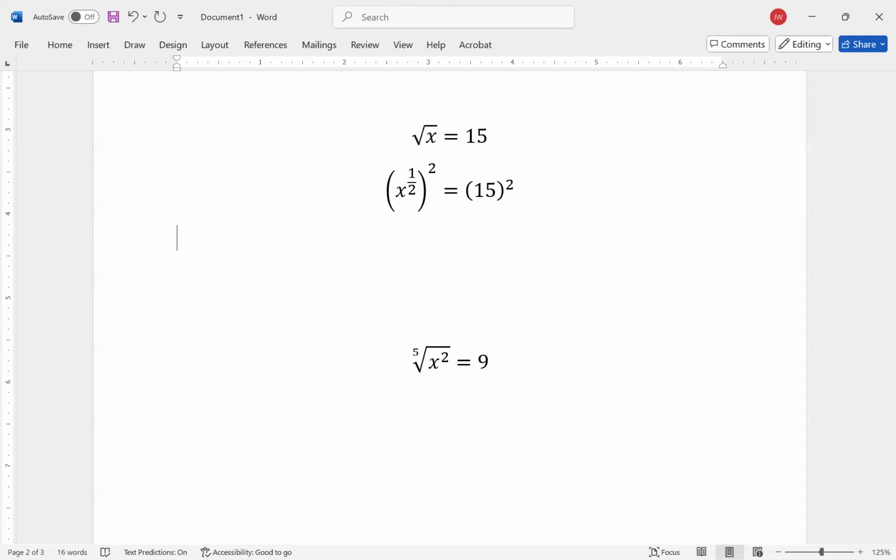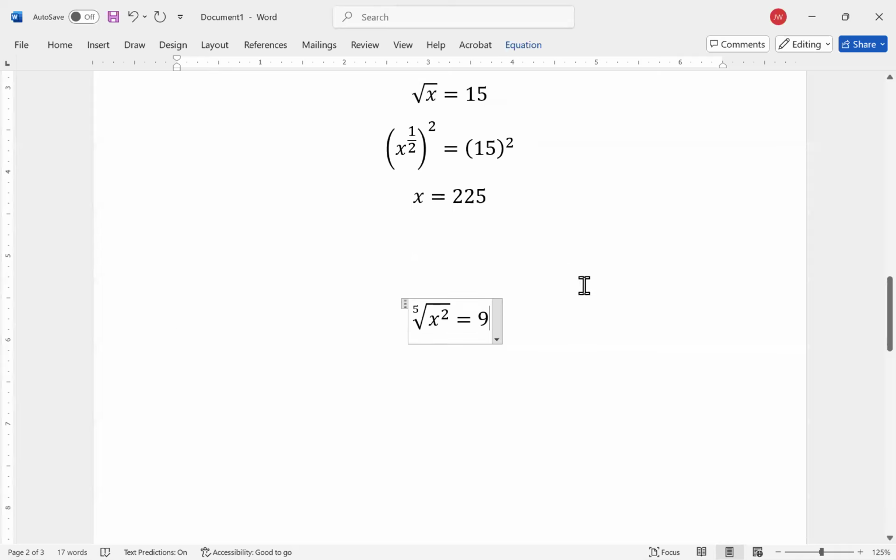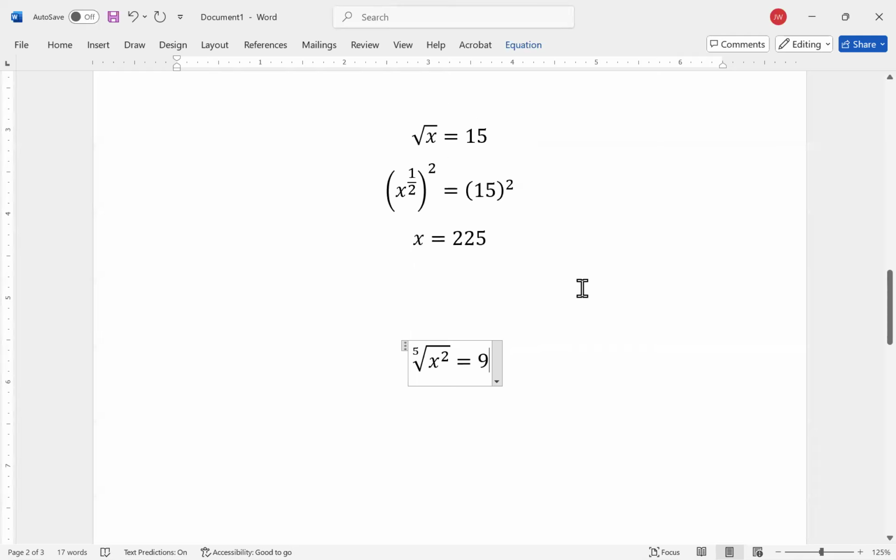If I take 15 and square it, I get 225. So that means x is 225. Oh, and by the way, if you took the square root of 225, you get 15. You can check that by taking 225 to the 1/2 power and getting 15 as well.